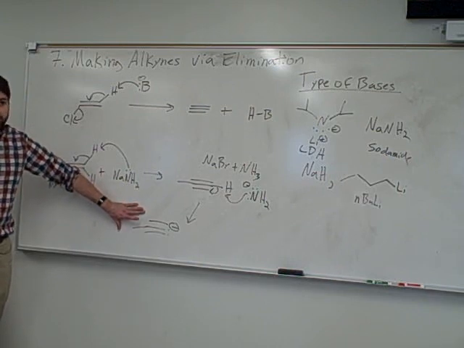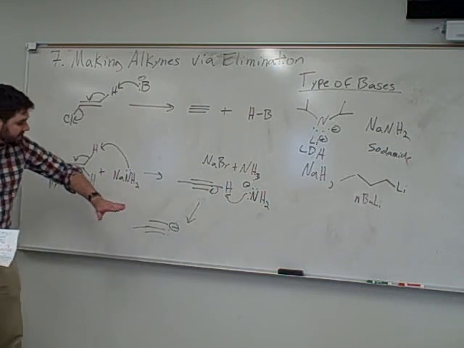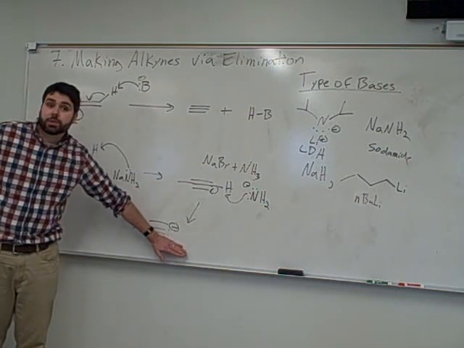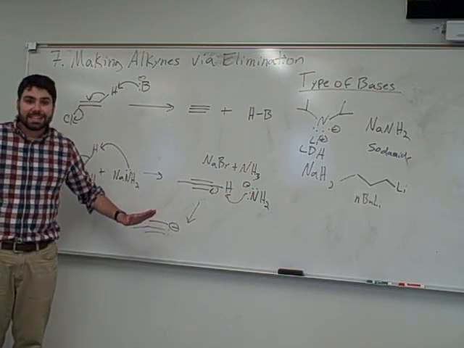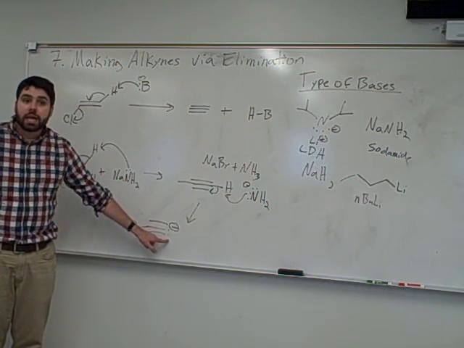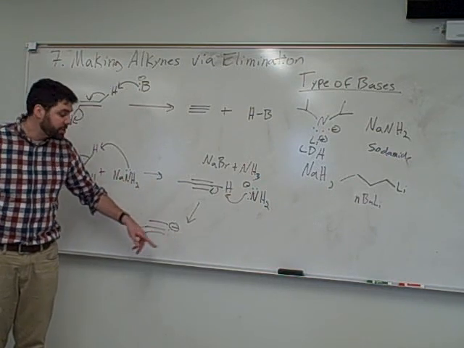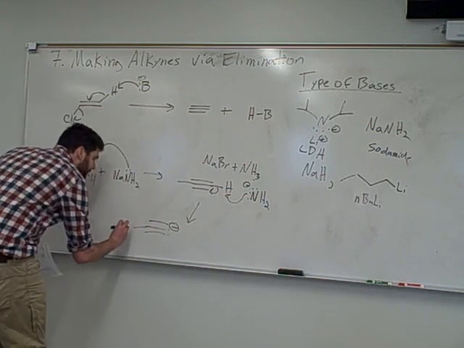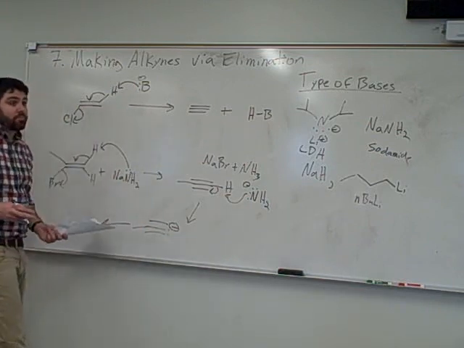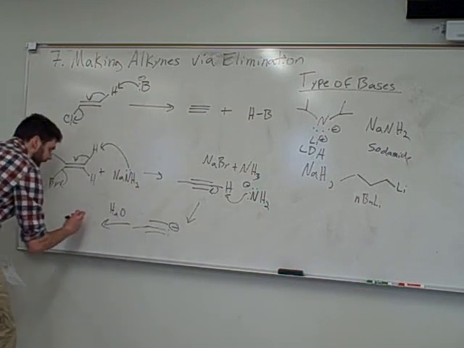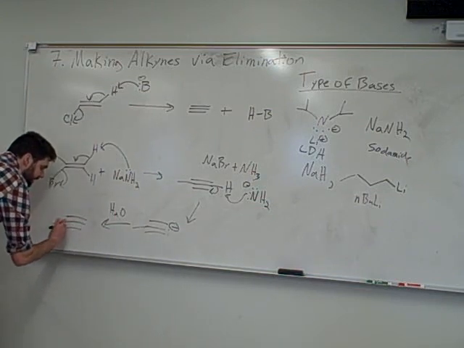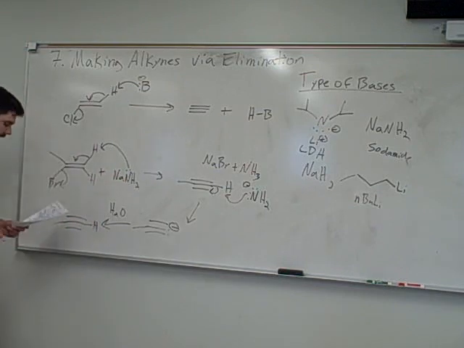And this does not have to be a good acid. Remember that the lone pair of electrons on this terminal alkyne is a true carbanion. It is not happy to go ahead and bear those extra negative charges. And so, by throwing in something even as weakly acidic as water, we'll go ahead and protonate that and give ourselves our terminal alkyne.